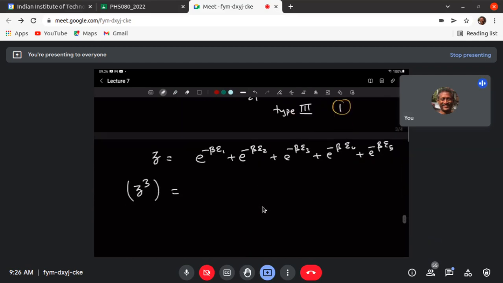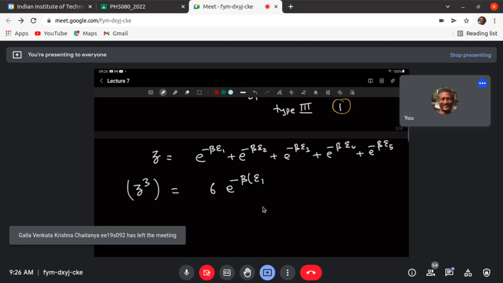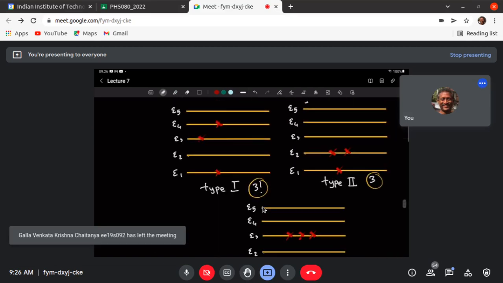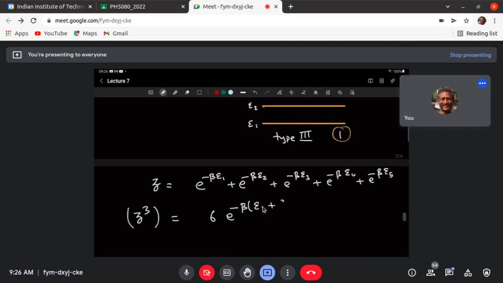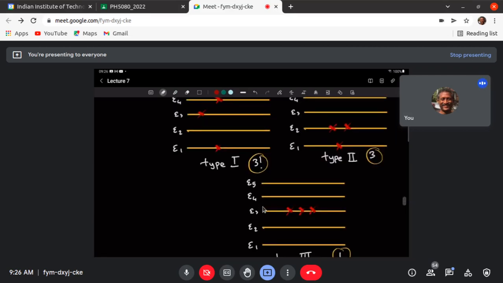You will see that that will have 6. Plus there are other type 1 terms. I am looking at only these 2 type 1 terms. All these terms will come. Type 1, type 2, type 3, all terms will come. And then this one will be epsilon plus 2 epsilon 2.